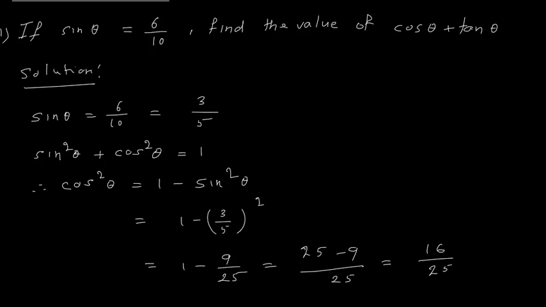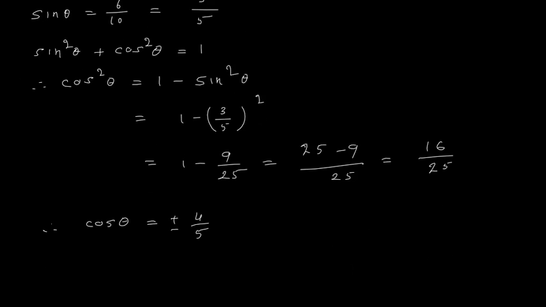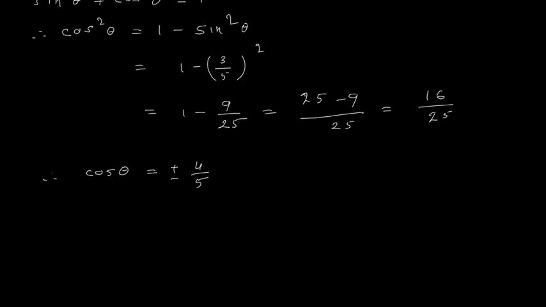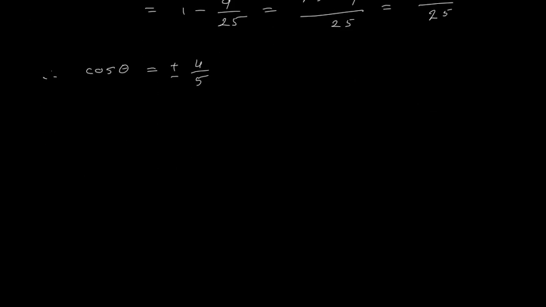If sin theta is 6 upon 10, find the value of cos theta plus tan theta. Now here it was not mentioned that theta is in the first quadrant or theta is an acute angle. So if it is not mentioned, we could have the value of cos theta as positive or we could have cos theta as negative. So let us take when cos theta is plus 4 upon 5.